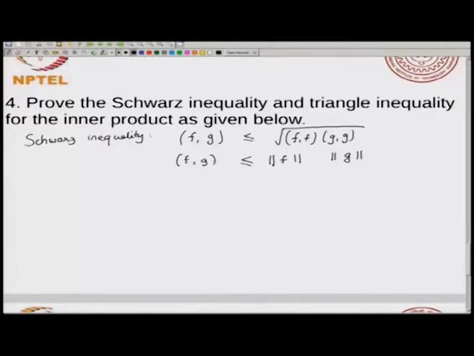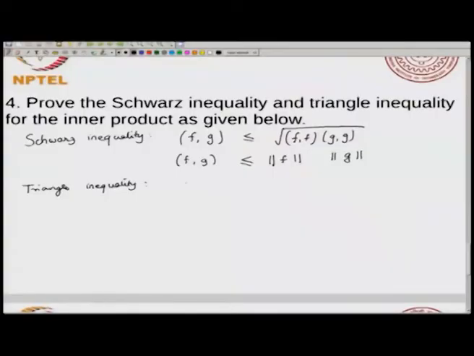Okay. So, this is the Schwarz inequality. The triangle inequality is like saying that the sum of lengths of two sides of a triangle should be greater than or equal to the length of the third side.